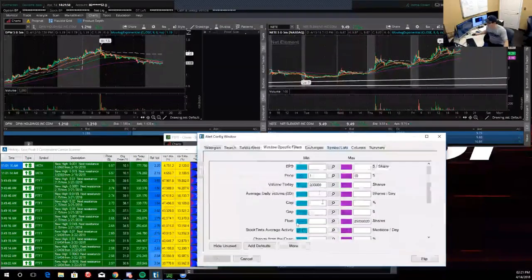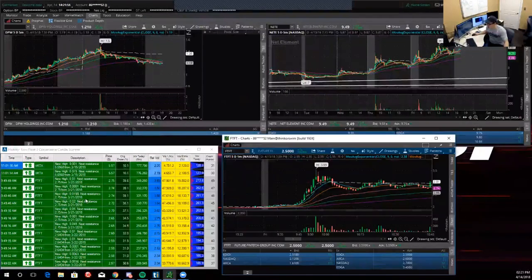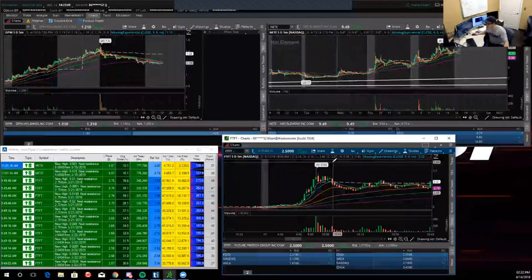So now that you guys have got all that information, let's just kind of recap on this. We were alerted of FTFT at 9:49, which was this candle right there, that green one right before the red, because at this point, the stock had traded 200,000 shares of volume. It had seen a 1-minute volume spike. The float was below 25 million. The relative volume was 2.